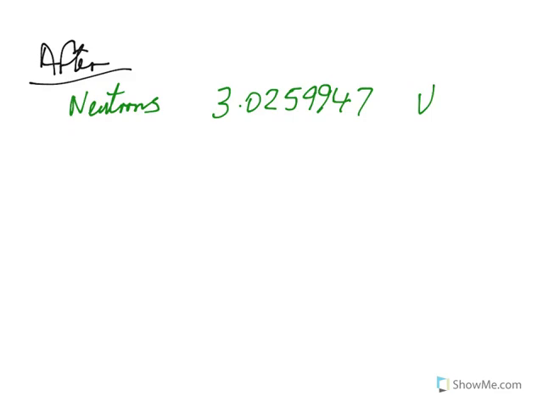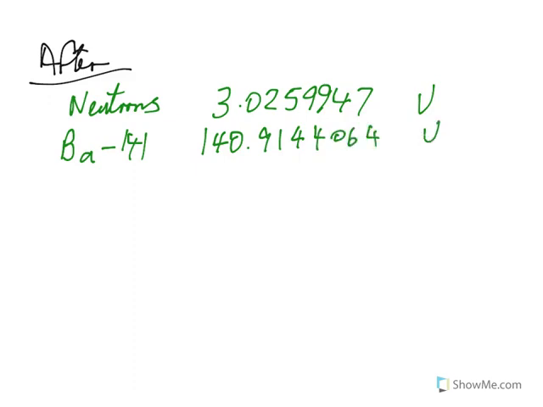Now after fission, when we have a look at after fission, we've got a few things. We've got neutrons, and in this particular one we've got 3 neutrons. So the 3 neutrons are 3.025997 atomic mass units. We've got some barium-141, and that's 140.9144064 atomic mass units.